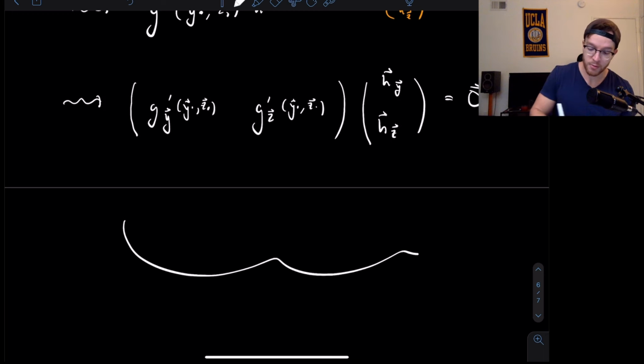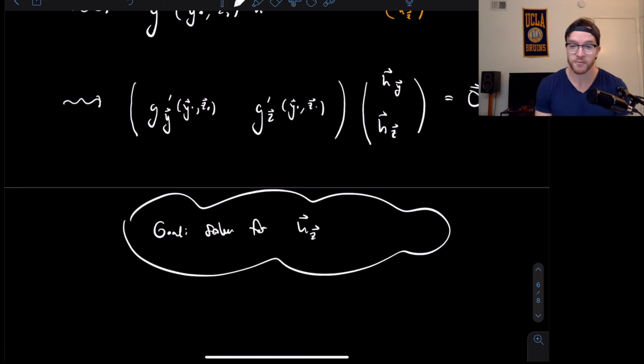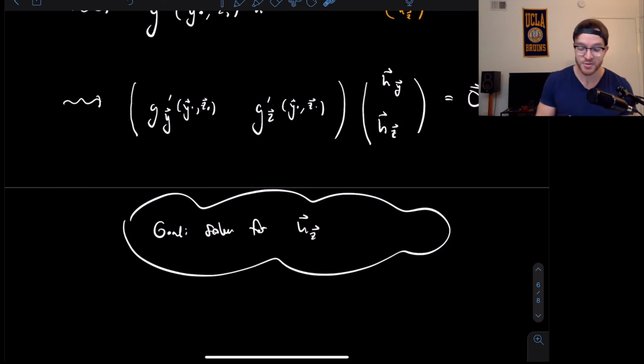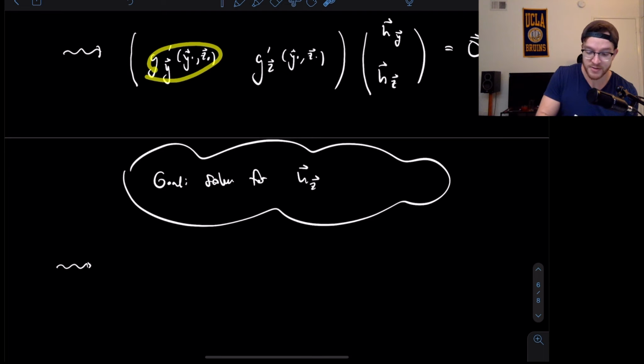So the goal is now to solve for H sub z. Well, this is a little goofy looking because it's a matrix of matrices and a vector of vectors, but we can still treat this as a matrix vector product and just multiply this out. So if I do that, I'm going to get this guy times this.